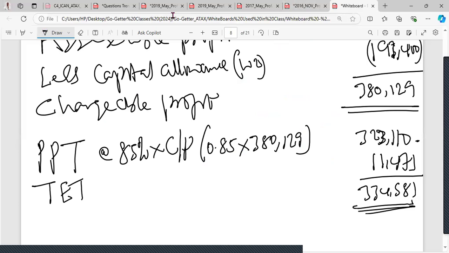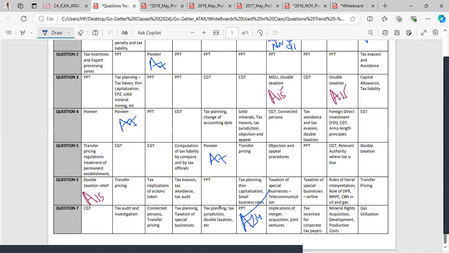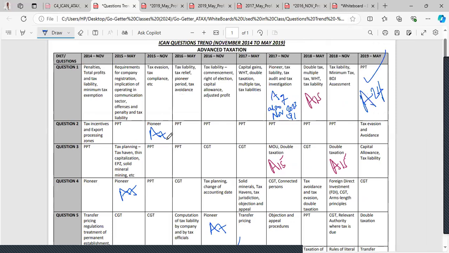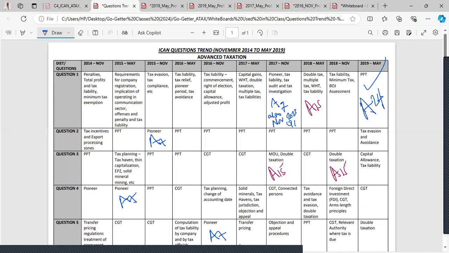So what we have just done is we have solved this question, A24 done. So in our next class, we've done the question number one question here, so the elephant in the room is gone.